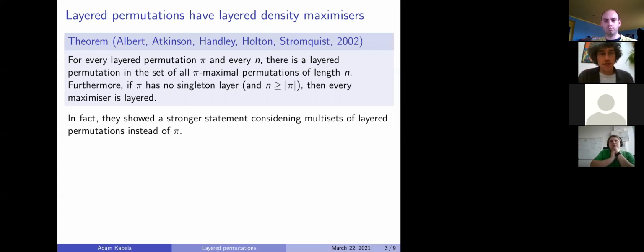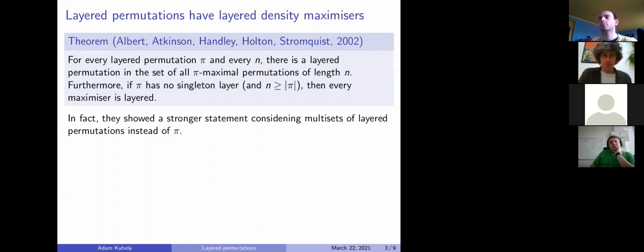Now, the good thing, shown by this group of authors, is that for every layered permutation, there always is a maximizer which is also layered. And that's for every length of the maximizer.